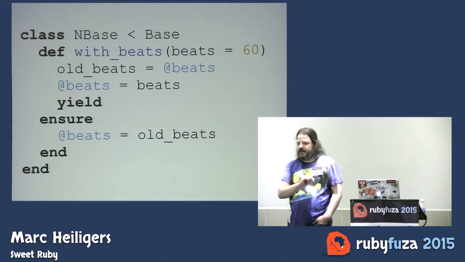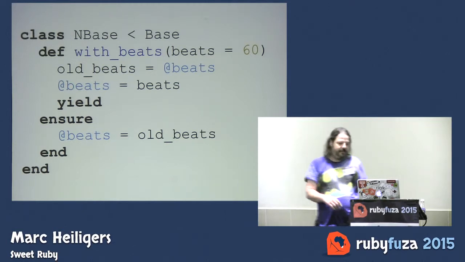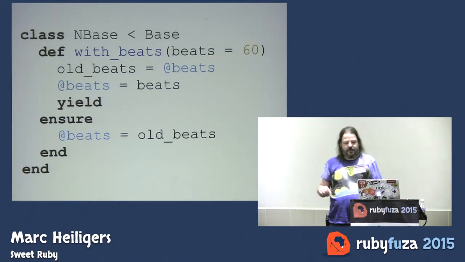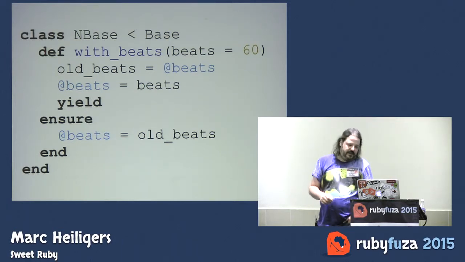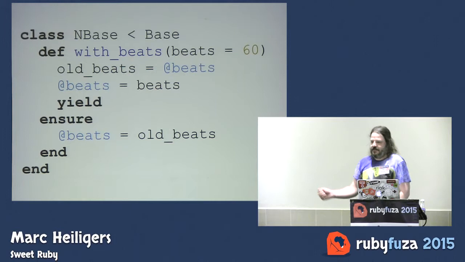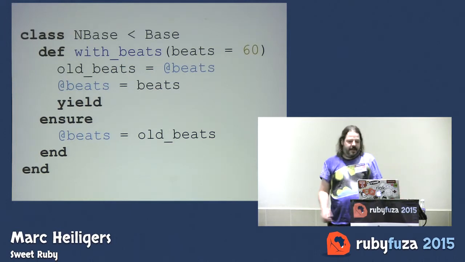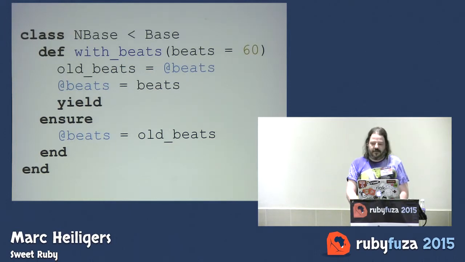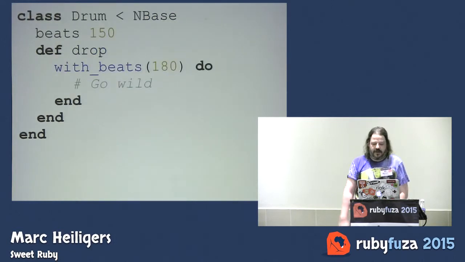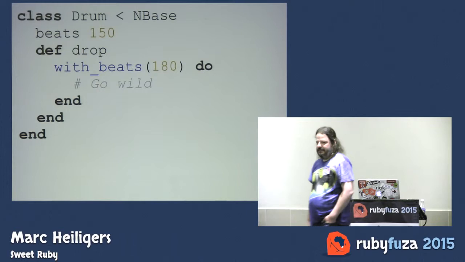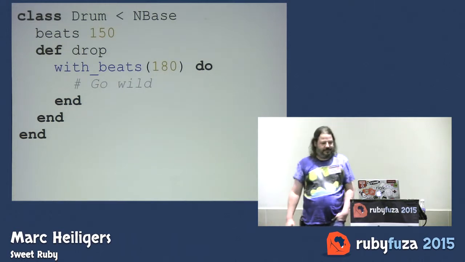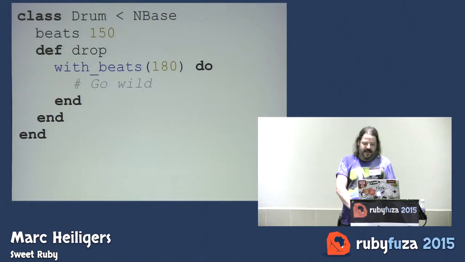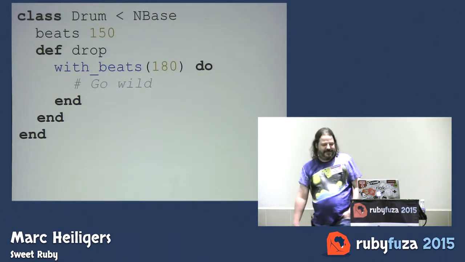You've gotten to a certain part of the song, but just for that, save the old value, set the new one, and yield out, and you pass in a block, and ensure at the end so that you can set back the value. And if you inherit that, you now have DrumAndBass with a default beat of 150, and during the drop it goes up to 180.